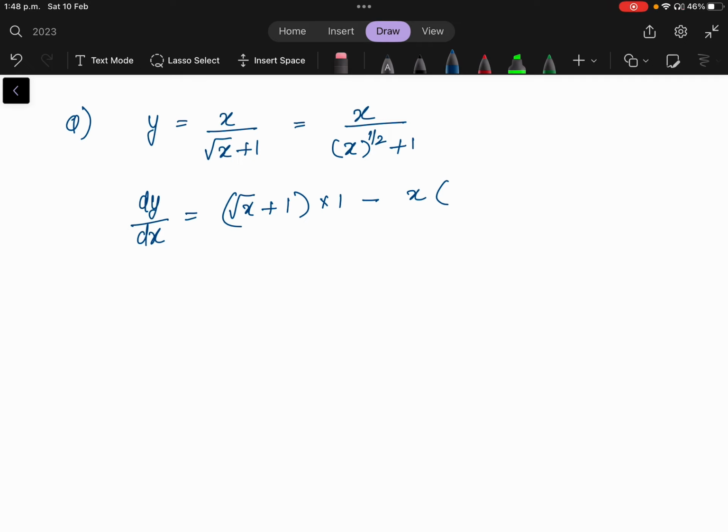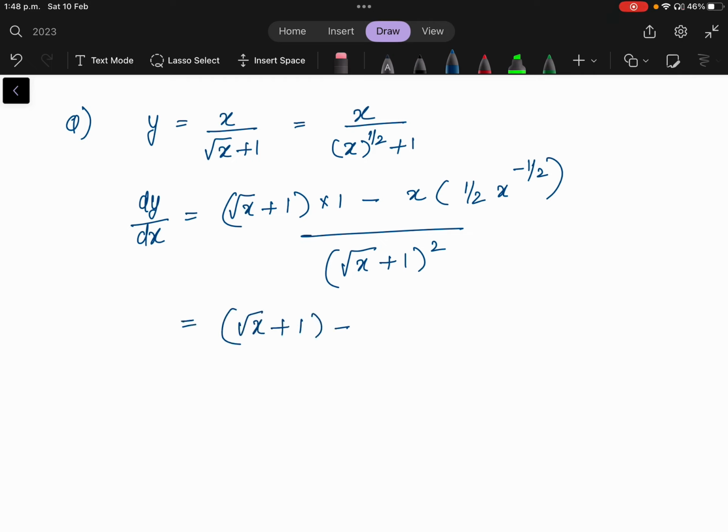Differentiation of the denominator will be equal to 1 by 2 x to the power of minus 1 by 2 over the denominator, square root of x plus 1 the whole square, which is equal to square root of x plus 1 minus x over 2 times 1 by root x. I can simplify it here itself, x times x to the power of minus 1 over 2.